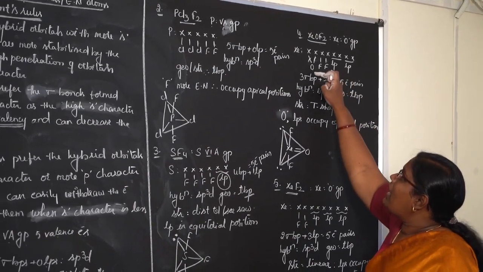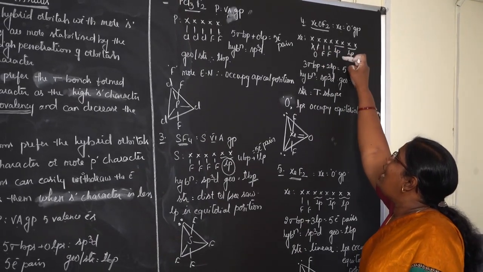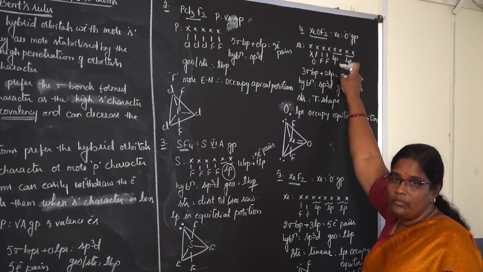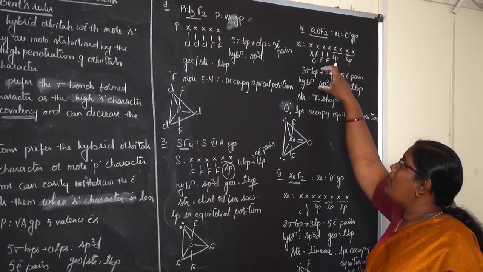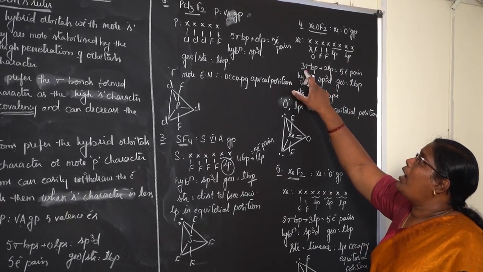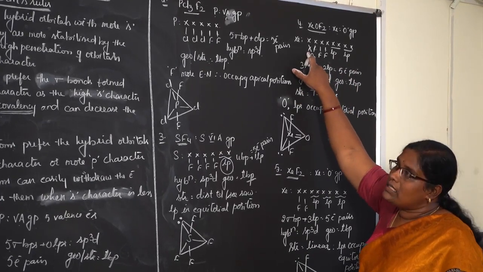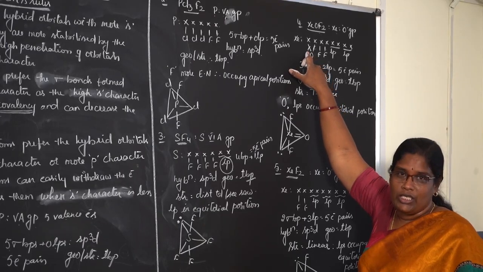So here we have a multiple bond, and we have lone pairs. So what should be the position, and what should be the geometry and structure? We have 3 sigma bonded pairs. We have already discussed that a pi bonded pair will not influence the structure.